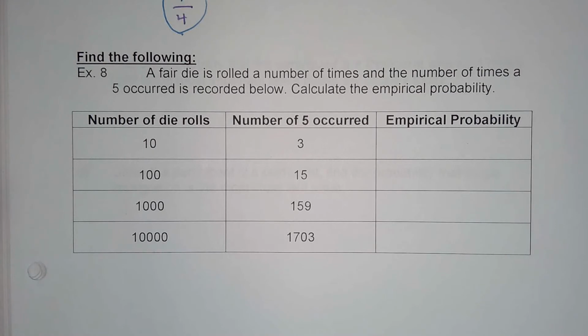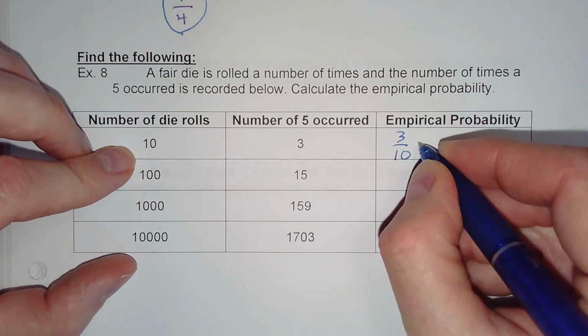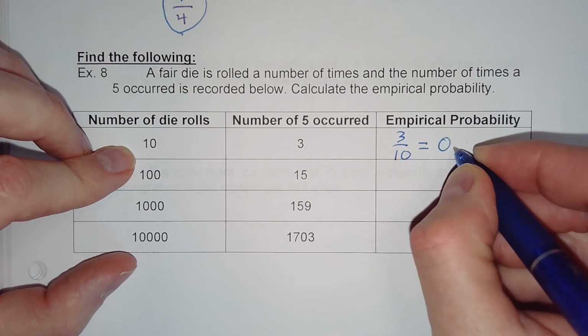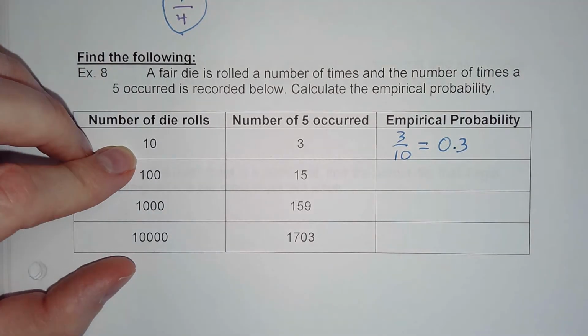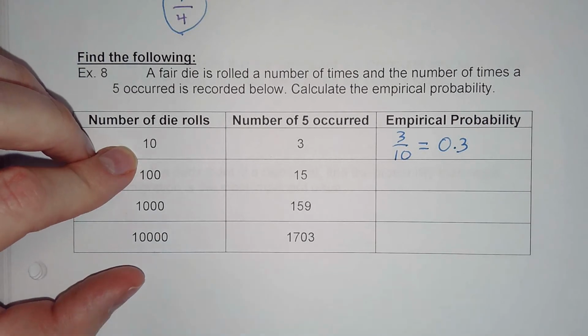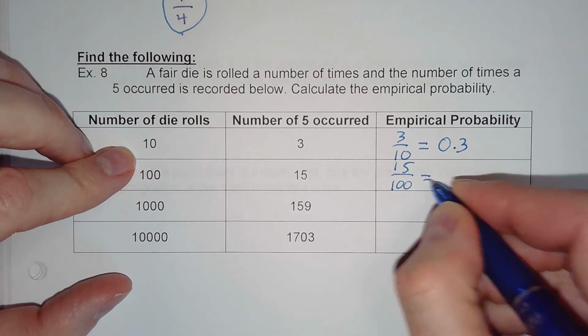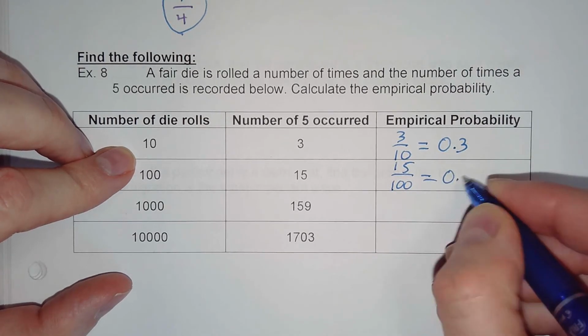All we're doing here is just doing the division. So first time around, we have 3 over 10. As a decimal, that's 0.3. Second time around, we're going to do 15 divided by 100. And that will give us 0.15.